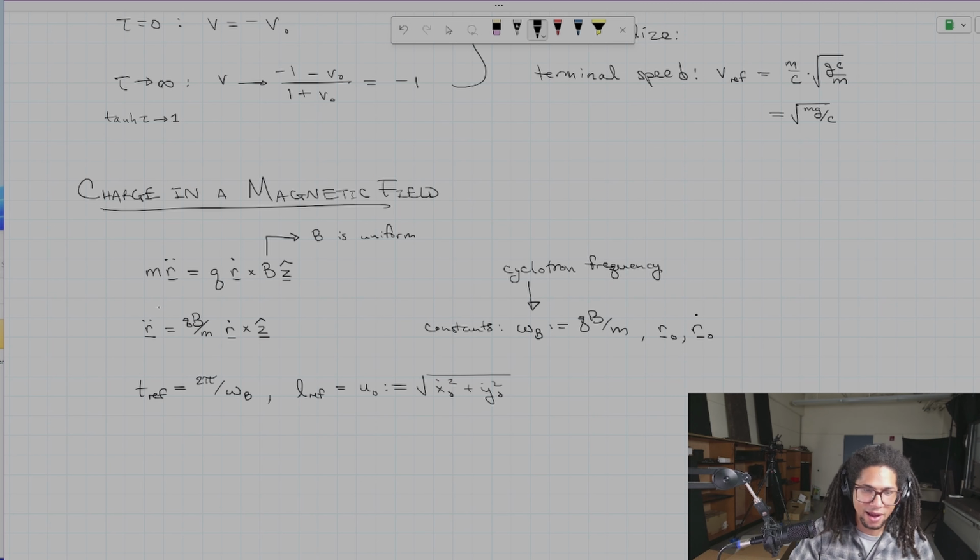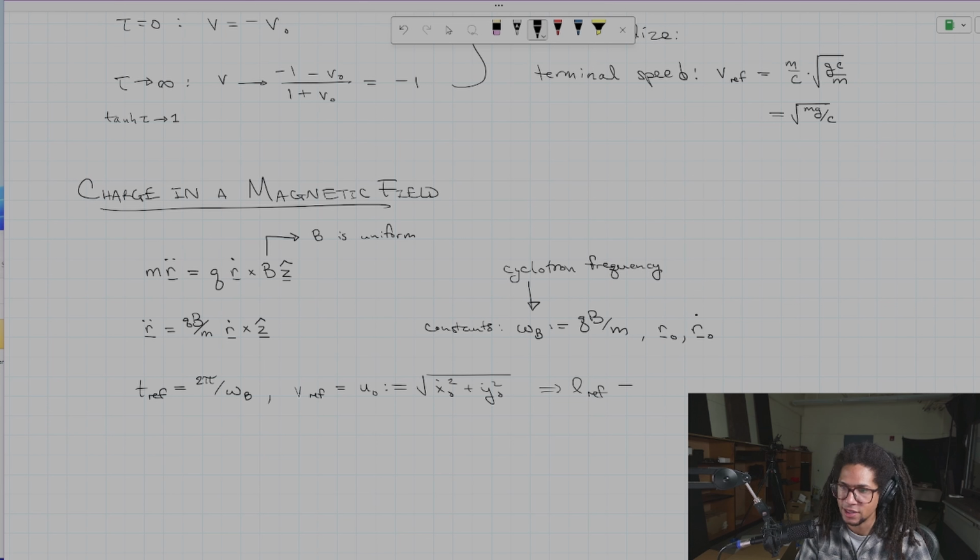We'll see why I made that choice in a little bit. I'll call this v ref because it's a velocity. Then to get L ref, I would just say that's v ref times t ref.